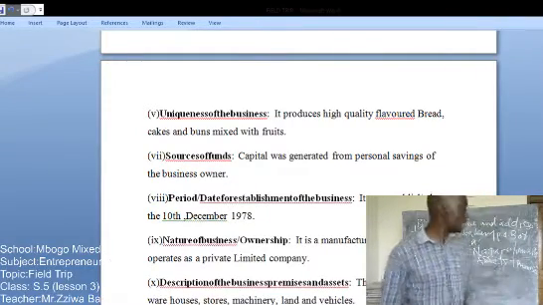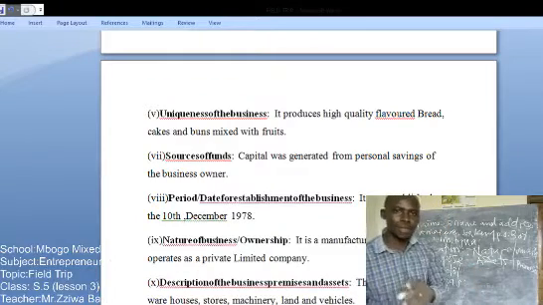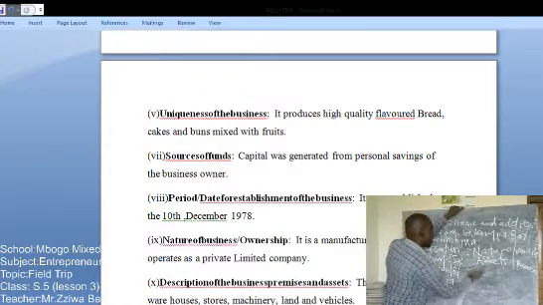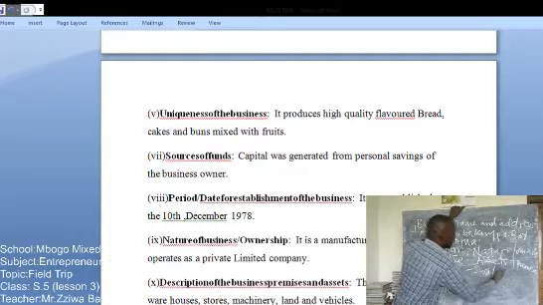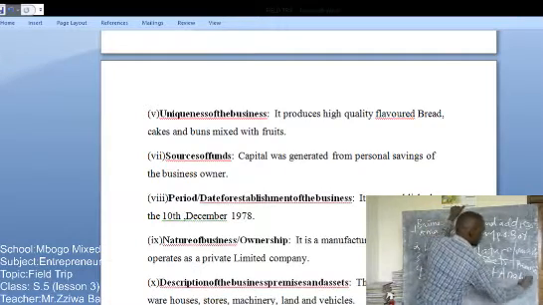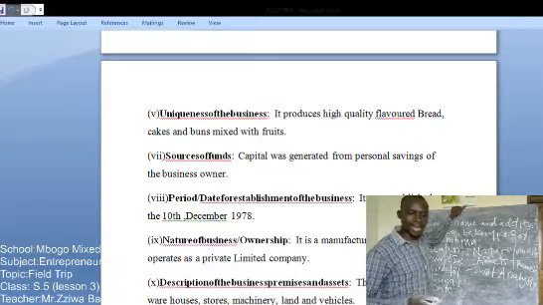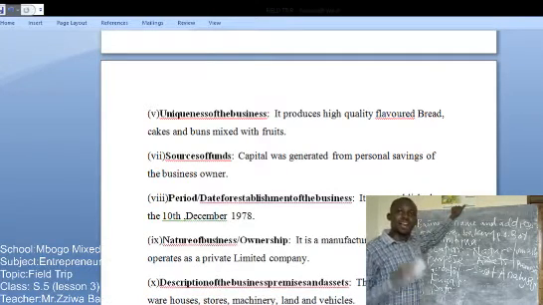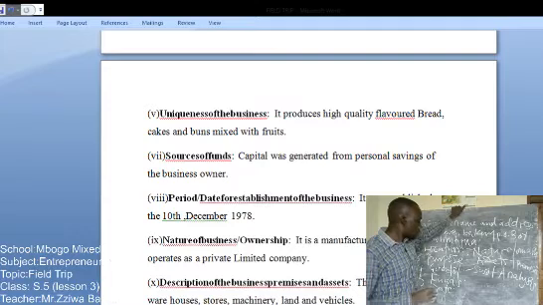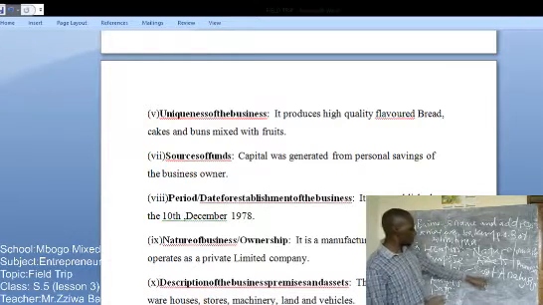And finally, this one is a little bit wide. SWOT analysis. We have to talk about the SWOT analysis. SWOT is very broad. Like the name suggests, SWOT.